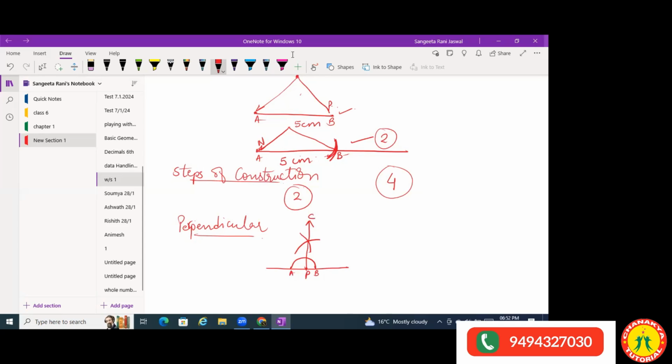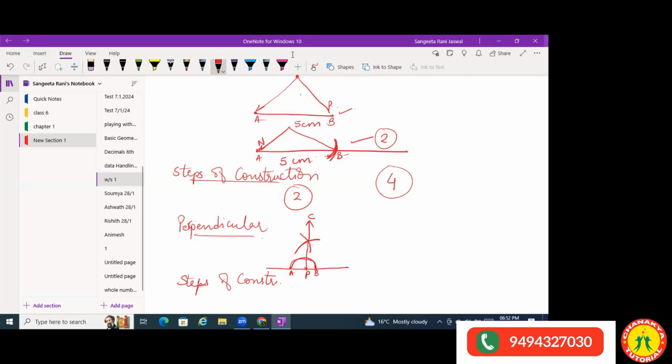Did you understand, children? Yes, ma'am. Then you can write the steps of construction. What will be the steps of construction? Make a line, take a point P on it, make an arc from A to B. Open your compass slightly more. Then take an arc.